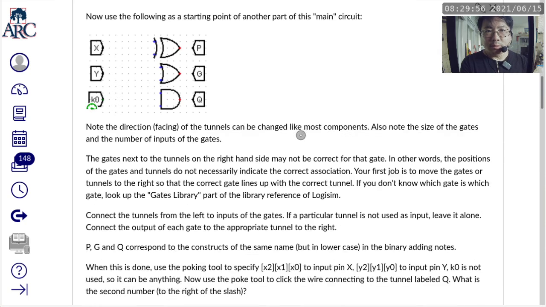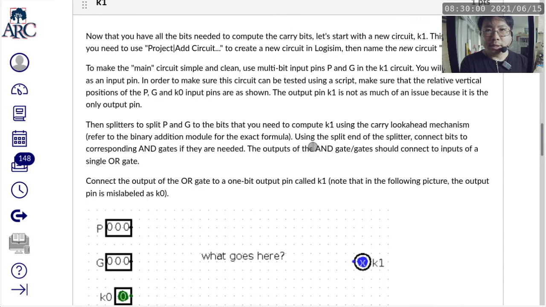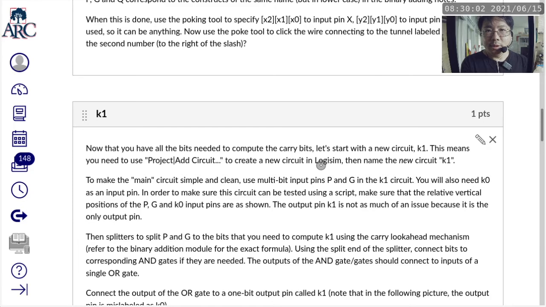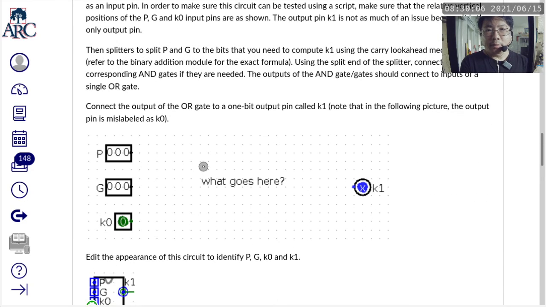Some people ask questions about this, and then we have the third question. First of all, this is a multi-bit input pin. That means whatever is coming out of it is a wire that has multiple bits.